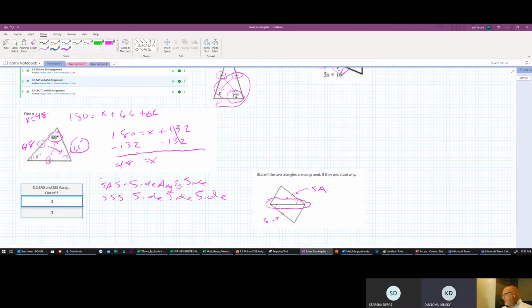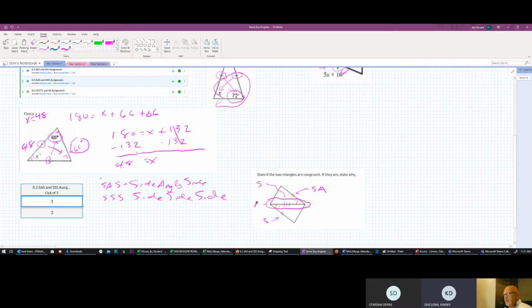Because it's common. Now, a lot of times they're not going to give you tick marks on that common side, but now you know that's common. So that third one right there is another side.